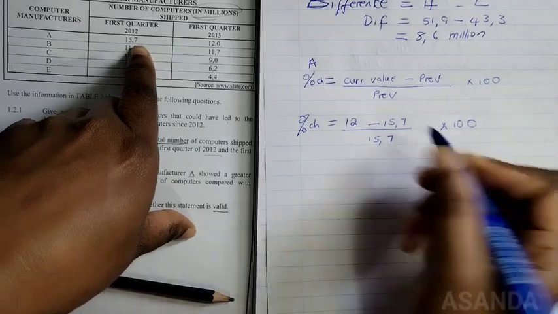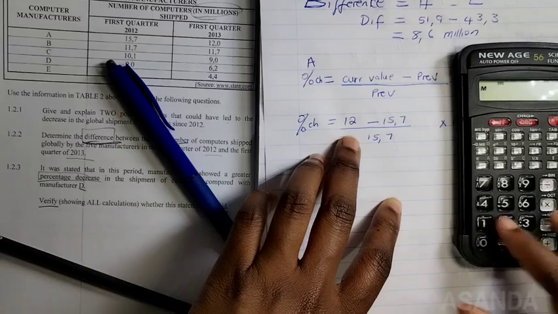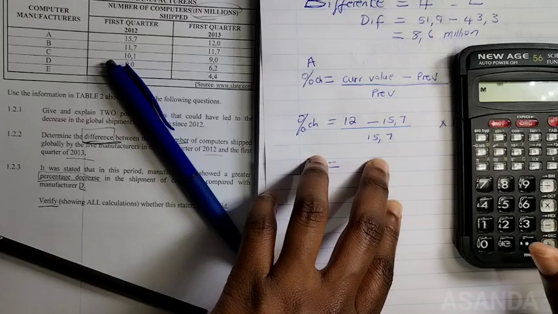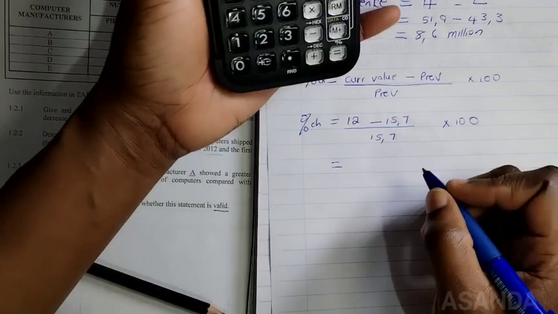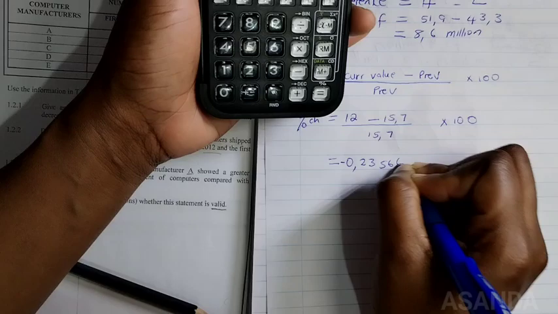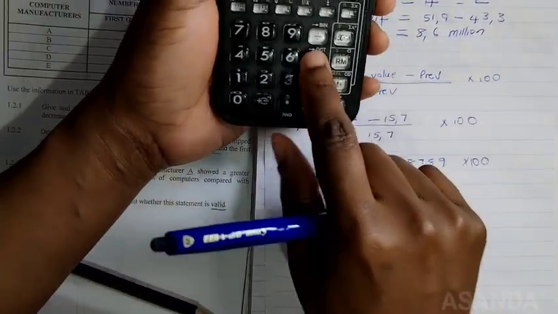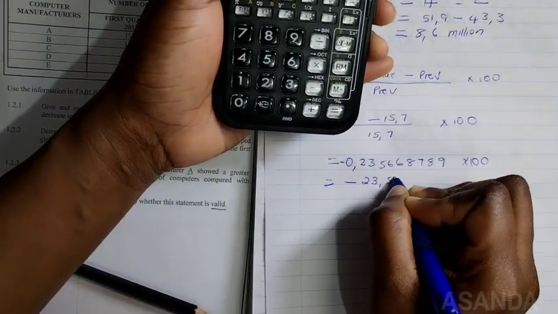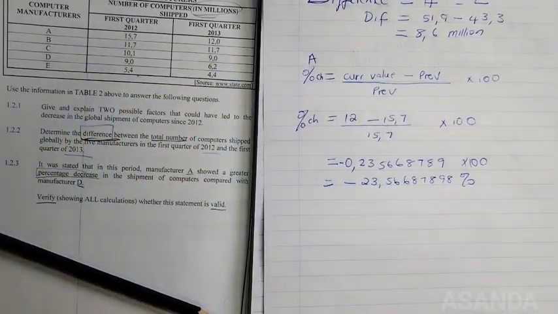And then you multiply that by 100 and it'll give you a percentage. That should give us minus 0.235668789. I'm going to multiply that by 100 and we're going to get a percentage. So it decreased by 23.56687898%. I'm not going to round off.